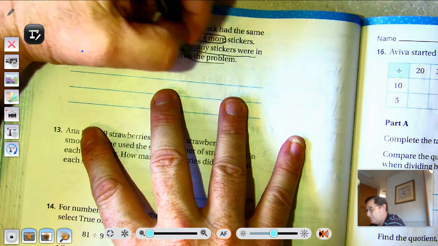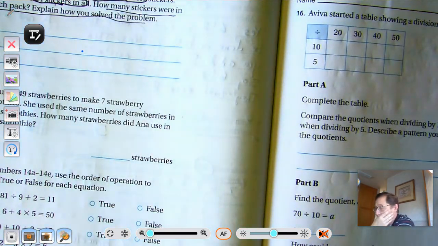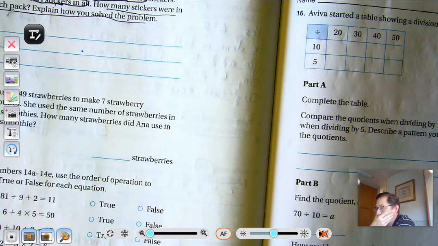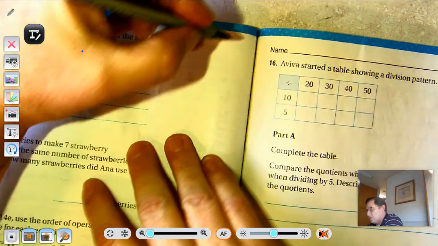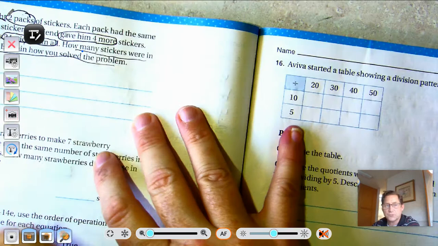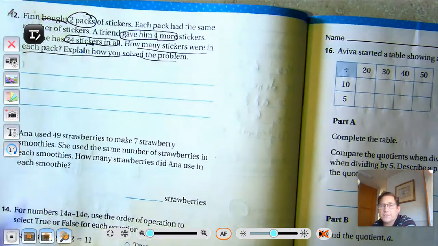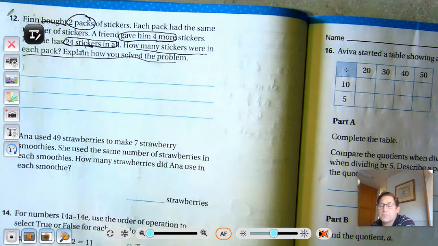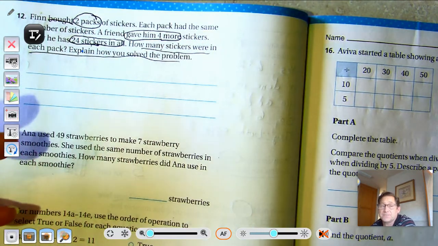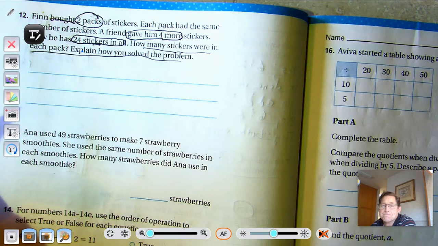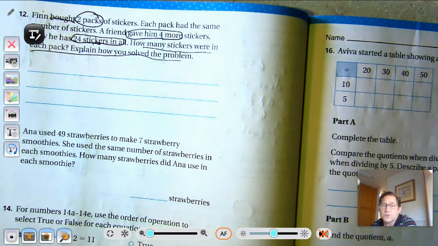How many stickers were in each pack, and explain. Well, we can draw a picture and act out the problem, or we can use our knowledge of operations, order of operations. So I'm going to do both so you see.